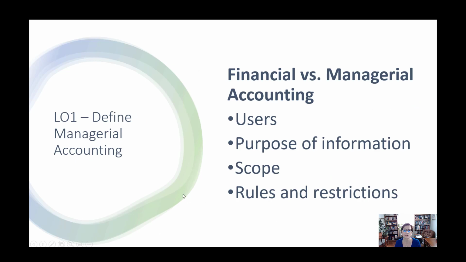All right, so let's talk for a minute about the difference between financial and managerial accounting using these 4 dimensions. So remember that the users of financial accounting are investors and creditors, right? That's the main audience for financial accounting, people outside of the company. The main users of managerial accounting, you won't be surprised to hear, are managers, which are the people inside the company.